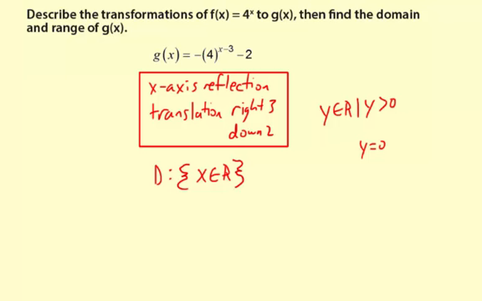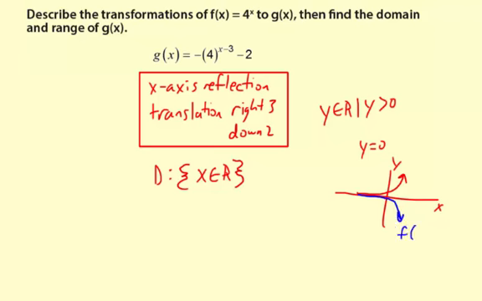So first we have this vertical reflection, and let me just sketch the exponential growth function real quick, the parent function. It's going to go like that normally. Here's x-axis and here's y-axis. If we have a vertical reflection, what happens is it will reflect like that.